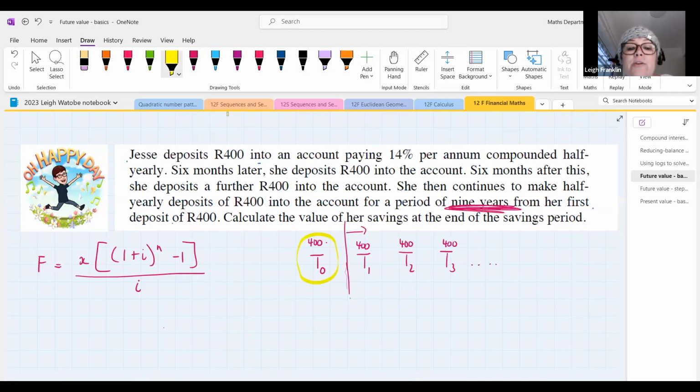After that point, she then continues to do this for 9 years. Okay, she's doing half yearly deposits. So that means every 6 months. Half yearly means every 6 months. Okay, so if you deposit money into an account twice a year for 9 years, how many times would you have deposited money into the account?